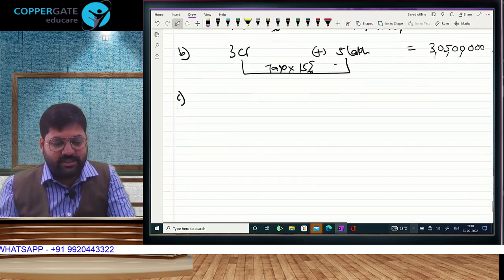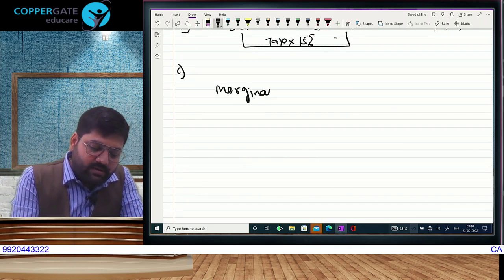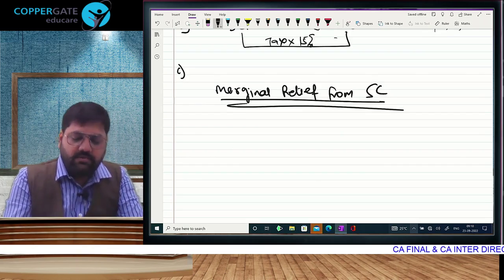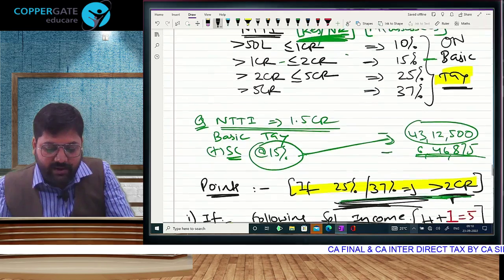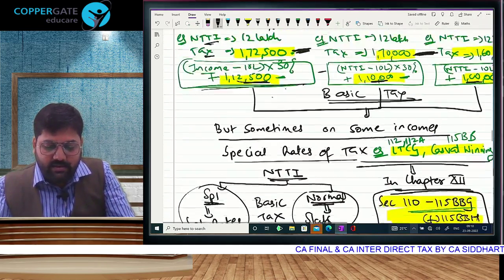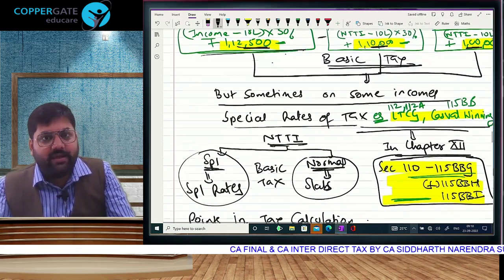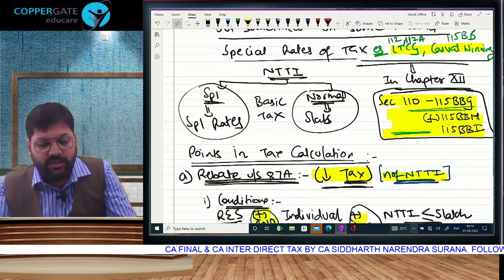Now, under the concept of surcharge, we have another small concept. Very small concept though, and after this, surcharge will get over. And we go to the last point. If short-term memory loss, I would like to remind you, we started with basic tax calculation yesterday of category A. Then today I gave you category B and C. Then I told you about special rates, but I told you this is basic tax.